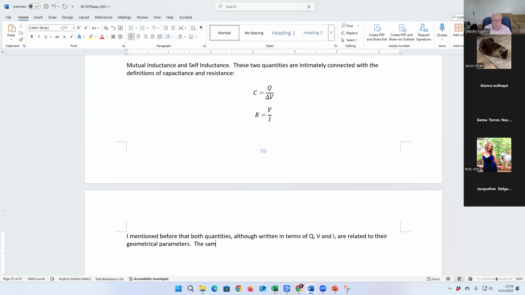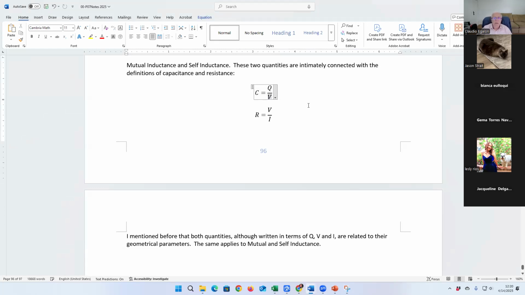The same applies to mutual and self-inductance. But mutual and self-inductance are defined differently, in a different way.